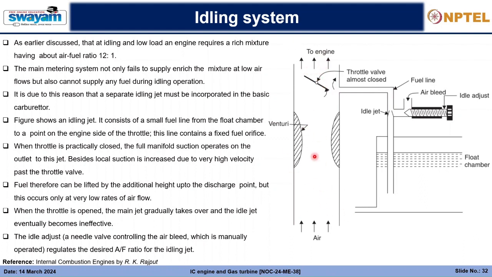The normal system is also running here, so the fuel will be supplied, and the extra fuel will be supplied through this idle jet, and accordingly the rich mixture condition is satisfied. So this is the idle system, and it is used at low speed or idle conditions.